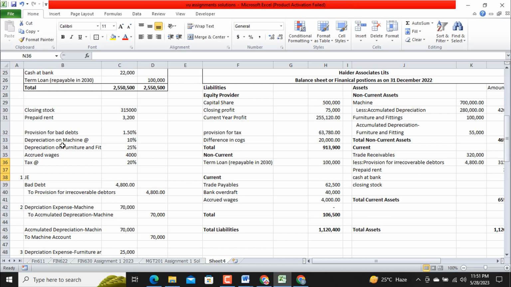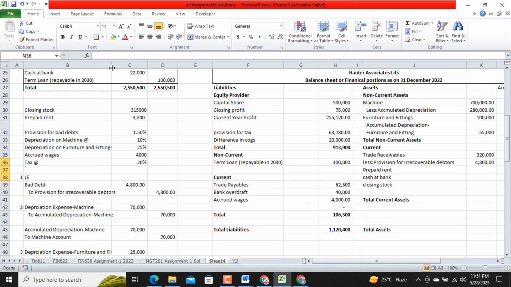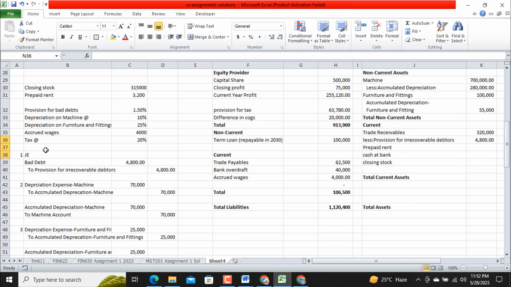Depreciation expense is not available while accumulated depreciation is available. Depreciation expense for furniture and fitting is not available while accumulated depreciation is available, and furniture and fitting is available at cost. Accrued wages is not available, but wages is available, tax at 20%.